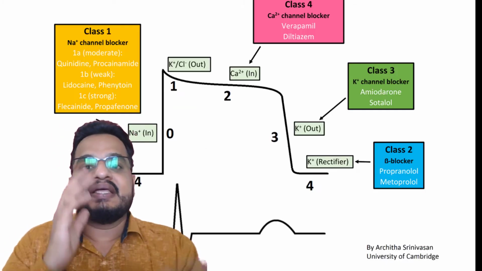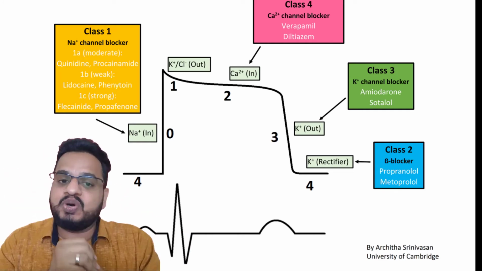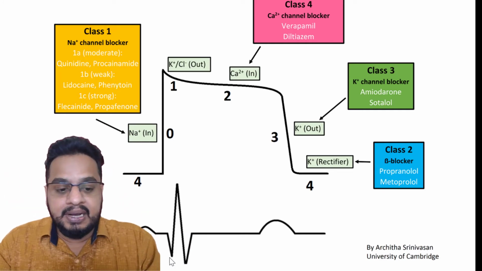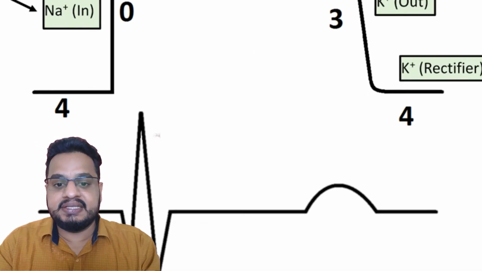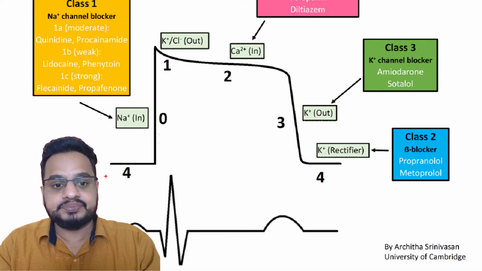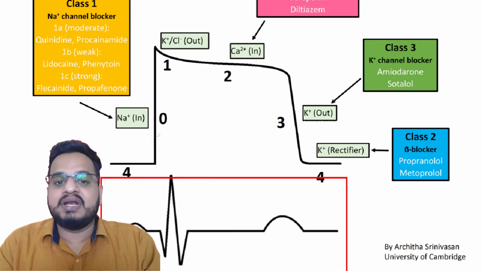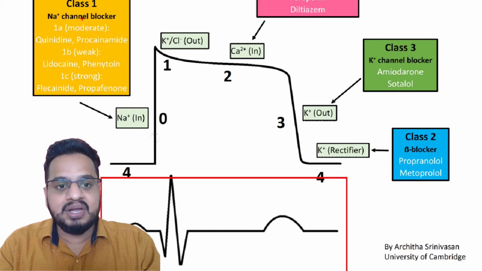Now let's look at the drugs which affect the cardiac action potential. The below part, this one, is your normal rhythm. Understand? And this is the graph. The graph refers to what?